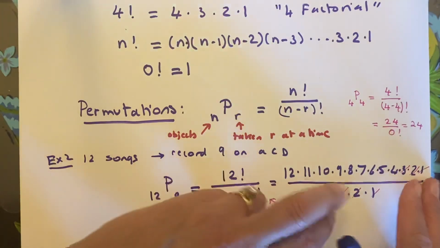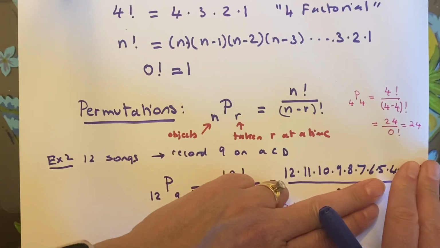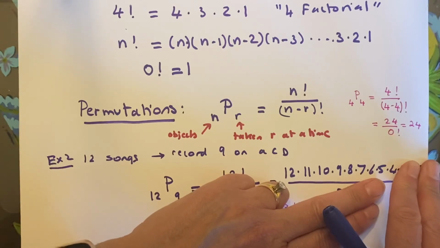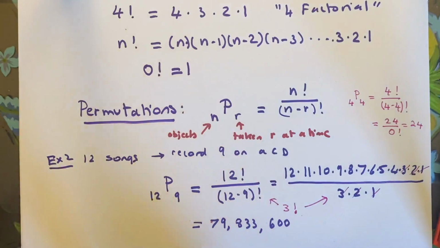And so really, truly, you could even just calculate it knowing that I have the choice of 12 for the first song, 11 for the second, 10 for the third, etc. And you could still calculate that number if you can understand how you're selecting these songs. But this formula works easily and quickly in any situation.